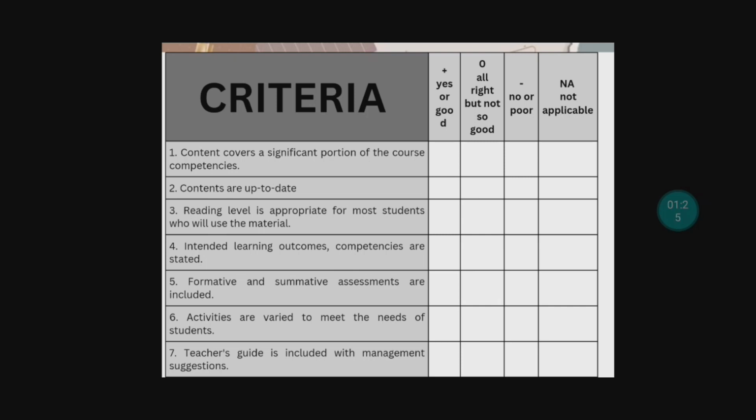So, using this checklist for instructional material review or evaluation may help any curricularist make decisions as to which textbook, modules, or any instructional support material will be used, revised, modified, or rejected.